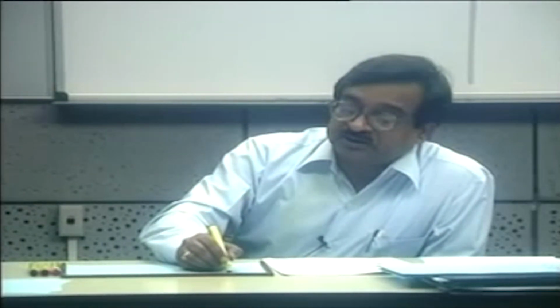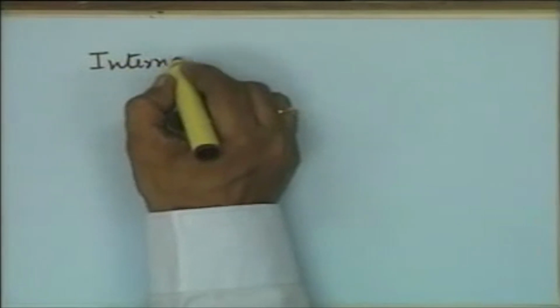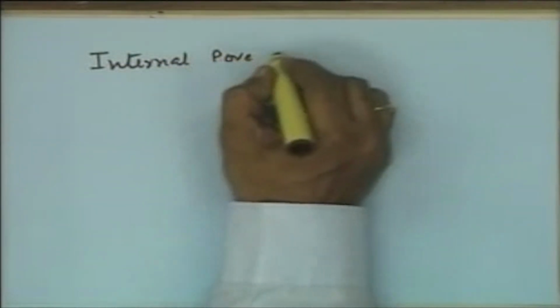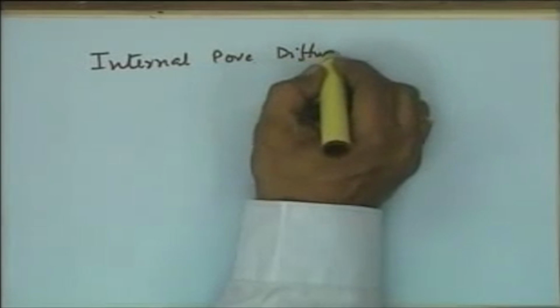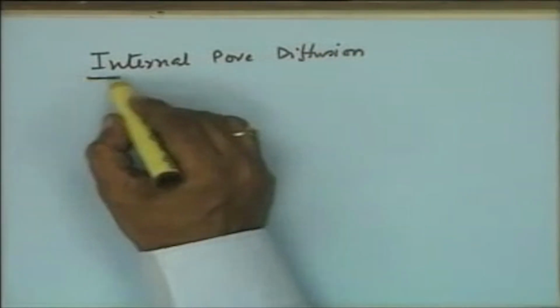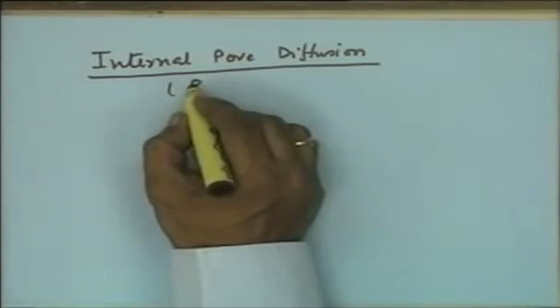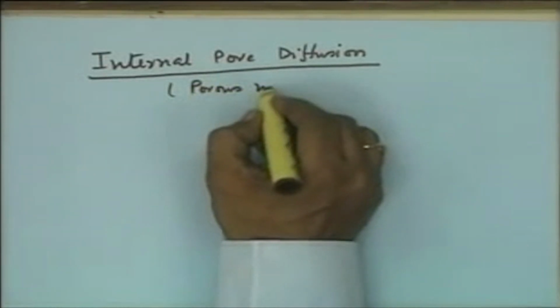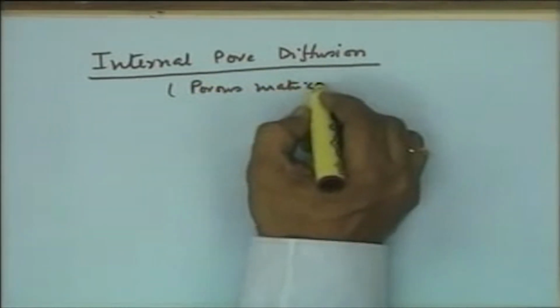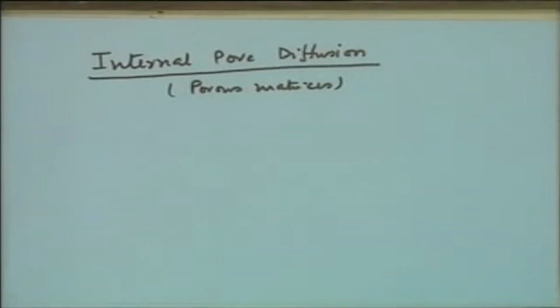So, this is what we were talking about, the external film diffusion, and the other part of the whole story of the steady state analysis is related to internal pore diffusion. As I mentioned earlier, in the case of porous matrices, a very large fraction of the total immobilized enzyme is within the pores of the particle.